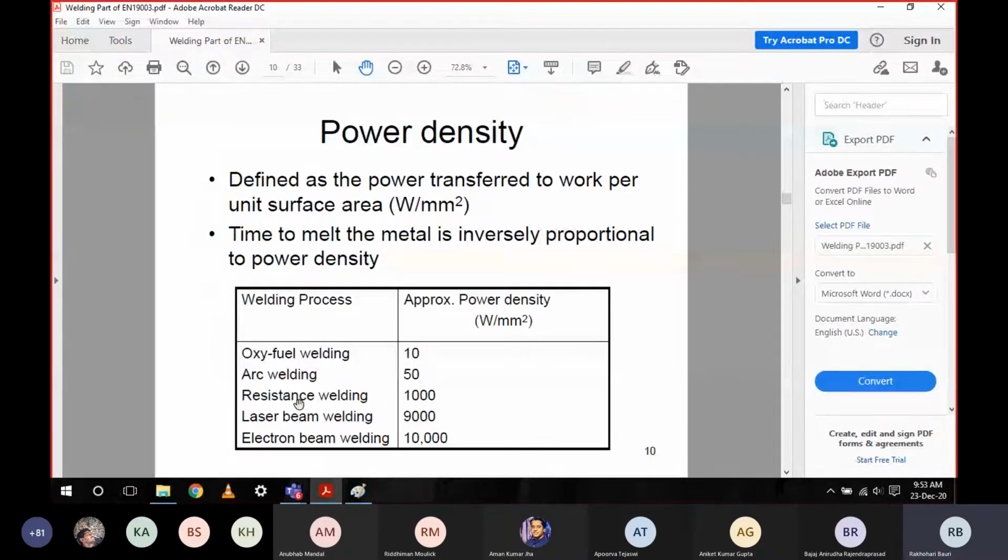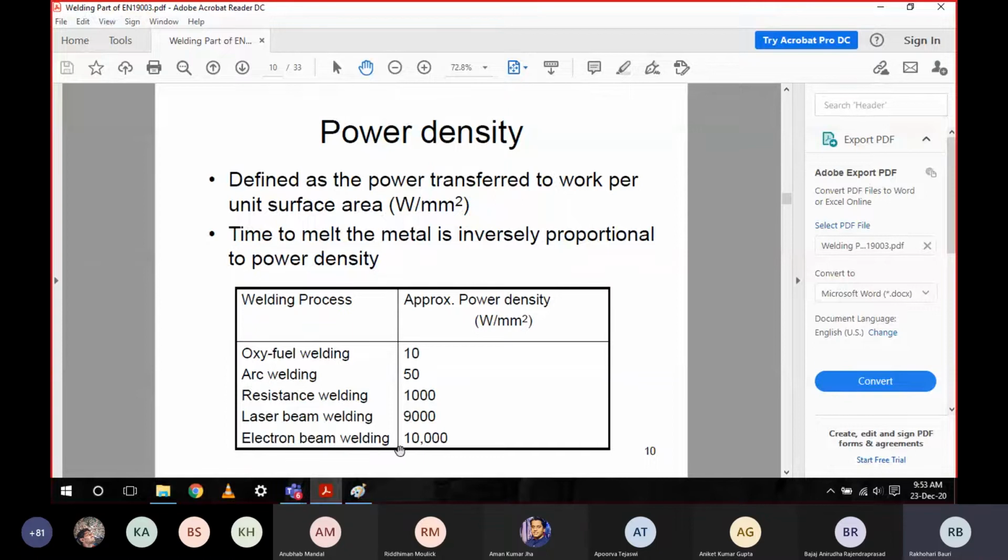Now, here is a term, power density. It simply explains the power transferred to the work per unit surface area. Some examples and data are given.